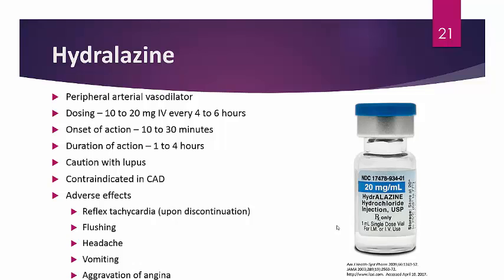It's important that you watch hydralazine use in patients that have lupus, as this may actually exacerbate lupus and cause lupus-like episodes. An important note is that hydralazine is contraindicated in coronary artery disease. Some adverse effects of hydralazine include reflex tachycardia, and this commonly occurs upon discontinuation of hydralazine, flushing, headache, vomiting, and aggravation of angina.